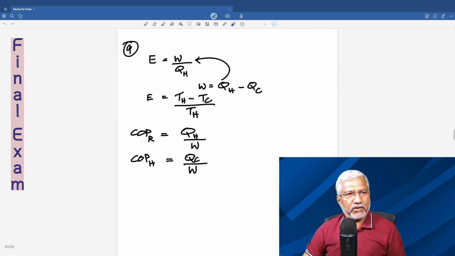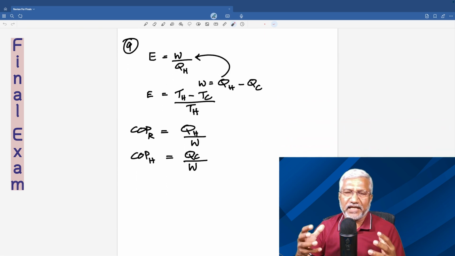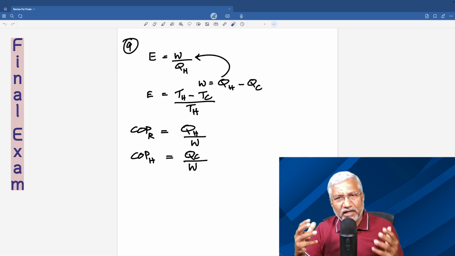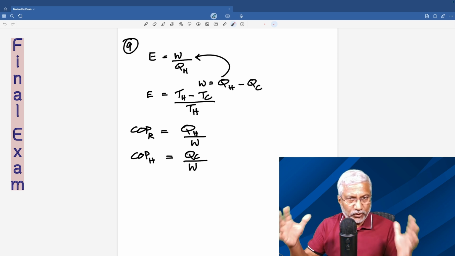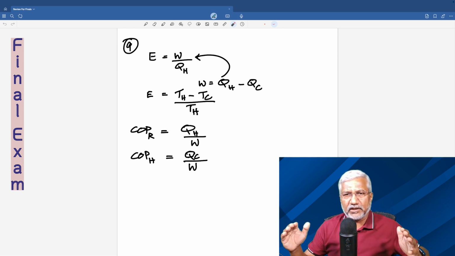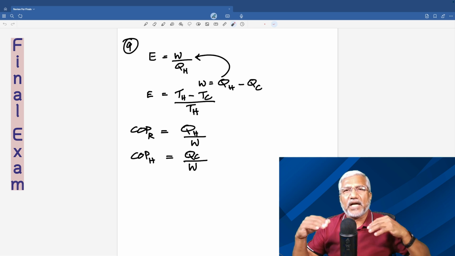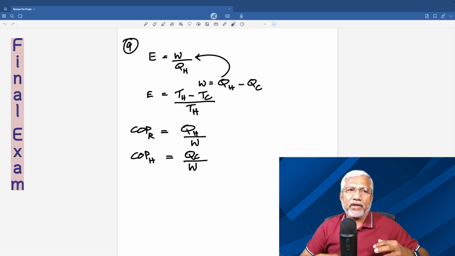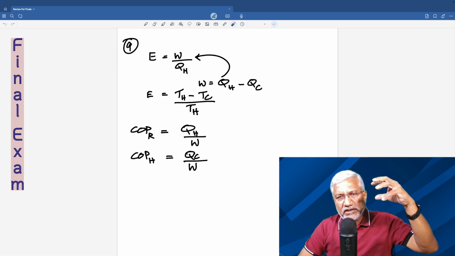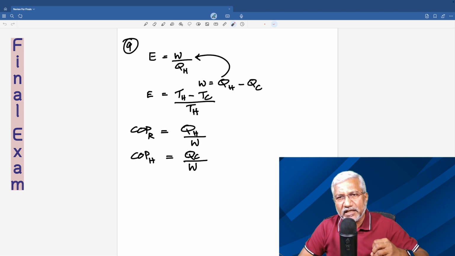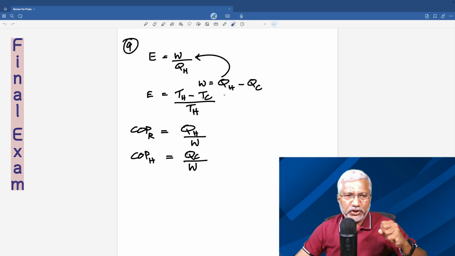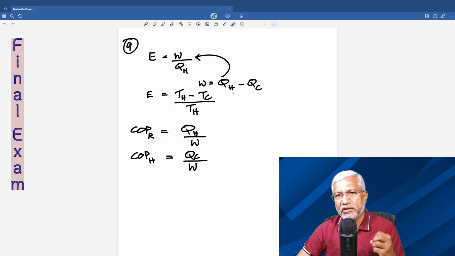Okay. Now, moving on to a Carnot engine. In a Carnot engine, you have to look at the Carnot cycle and understand its working. There, heat is first taken in by the working substance. That is called QH. Heat absorbed by the working substance is QH.